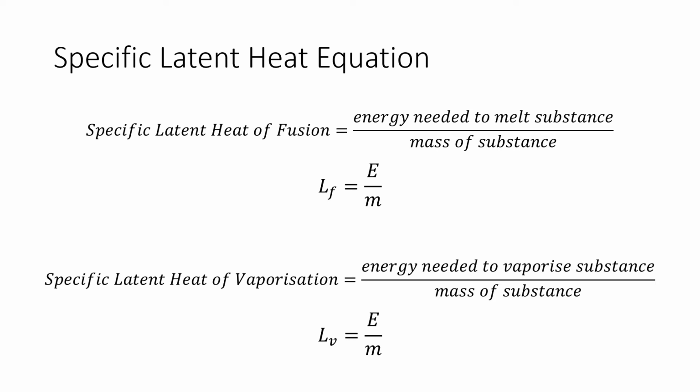Now, the reason they're put on here separately, even though they're essentially the same equation, is because for materials, they aren't always the same number. The energy required to turn 1 kilogram of ice into 1 kilogram of water is not going to be the same energy as the energy required to turn 1 kilogram of water into 1 kilogram of water vapor or steam.